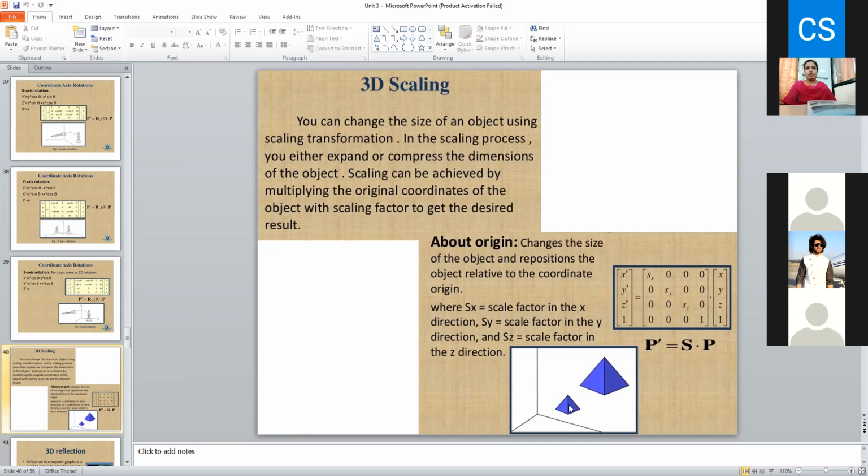This is the original object, and if I want to make it double, Sx, Sy, Sz should all be equal to 2. So when it is greater than 1, expansion takes place. If less than 1, compression takes place. So that is your 3D scaling.